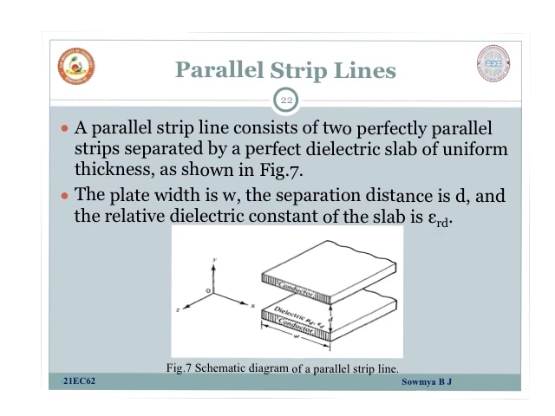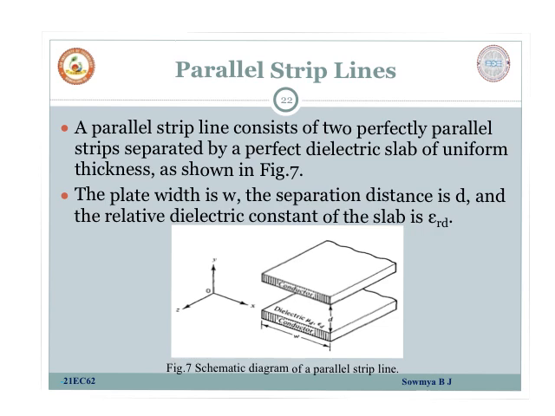The parallel strip line consists of two perfectly parallel strips separated by a perfect dielectric slab of uniform thickness. Thickness is d. There are two perfectly parallel strips, that is nothing but conducting material, which are separated by a perfect dielectric slab having mu d and epsilon d as the permeability and permittivity values.